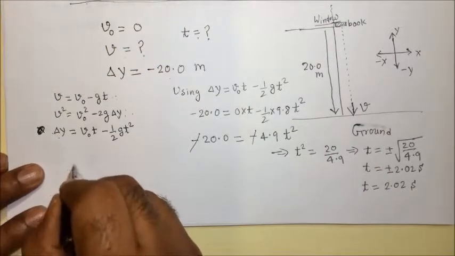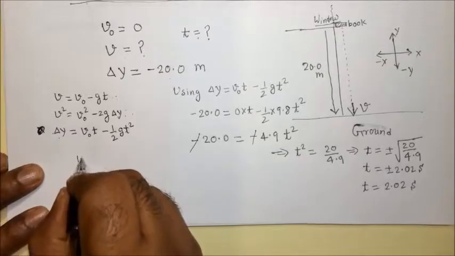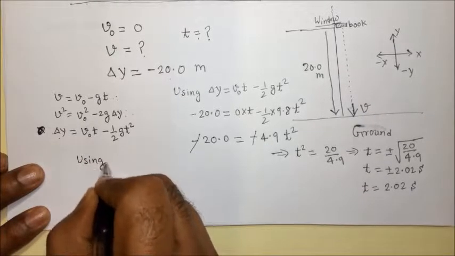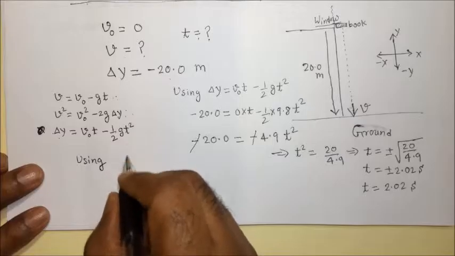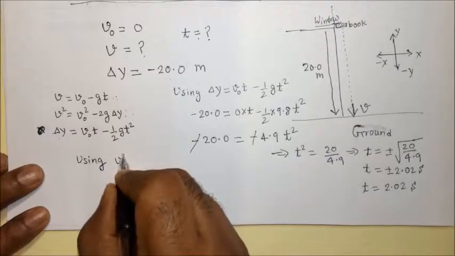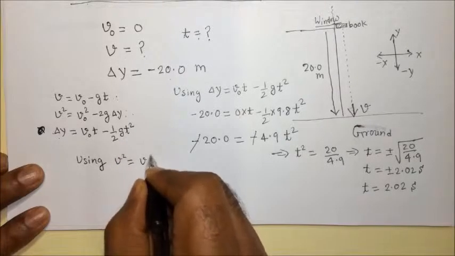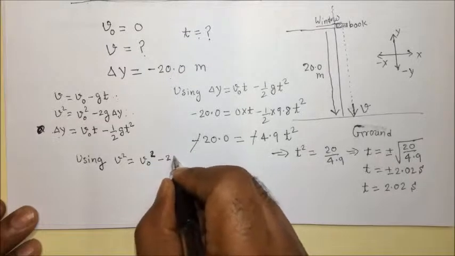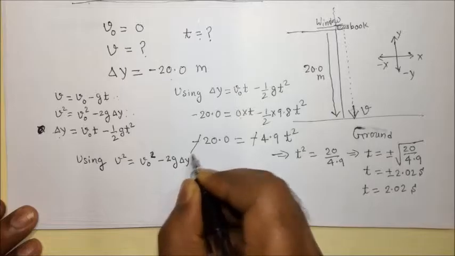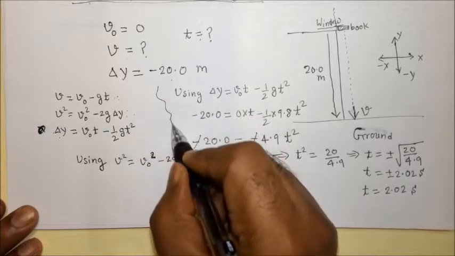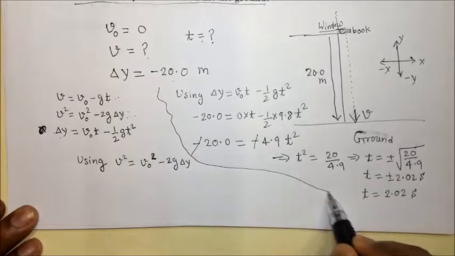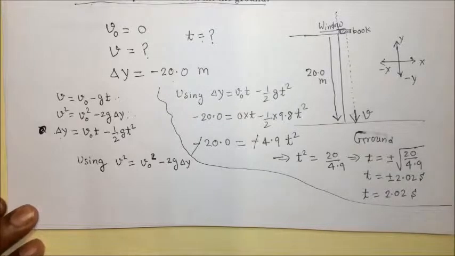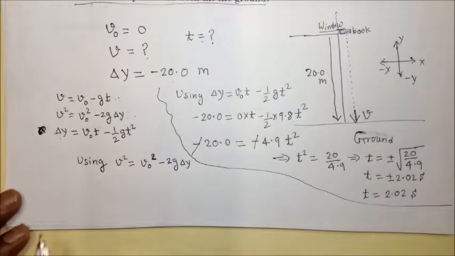So using V final square is equal to V initial square minus 2g delta y. Let's make this one separate. So what will happen here?